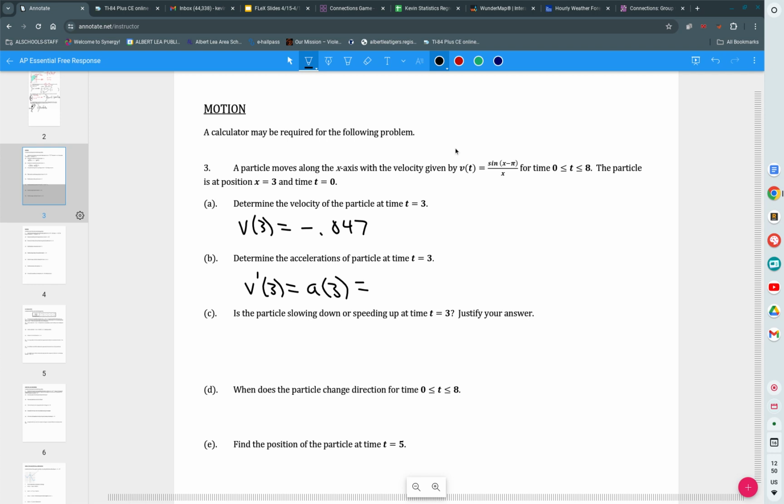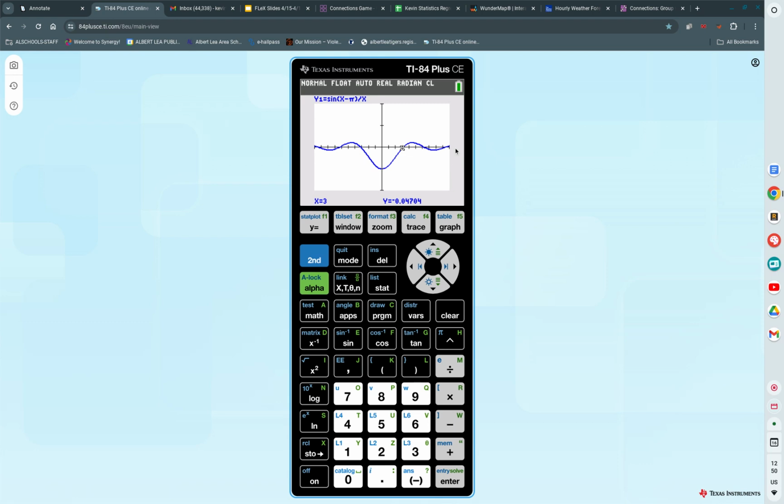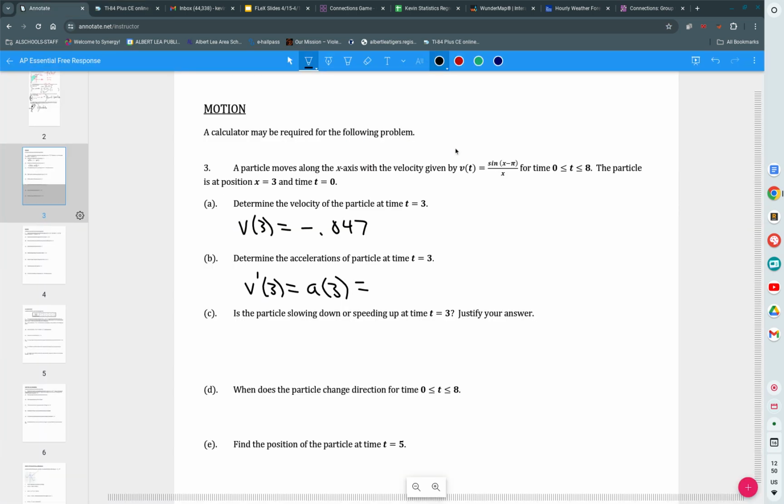You need to show what you're calculating. So I go to second calculate and select the derivative, which is number 6. I want to take the derivative at time 3, and so I do. Notice it shows the y value, which is confusing because the other calculators didn't do that. It also shows the derivative is 0.345. So we have 0.345. Any questions there?